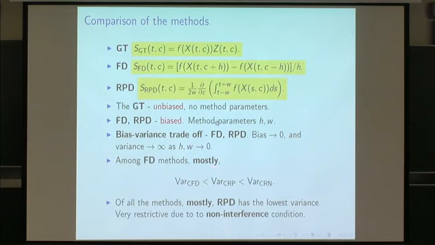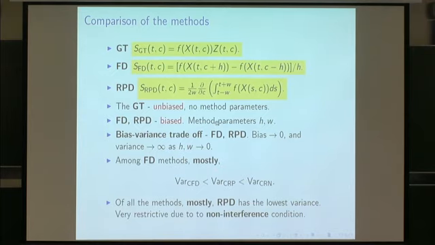Okay. And among the finite difference methods, there is a difference. The general CRN method is better than the general IRN method, independent random numbers. The common reaction path that I mentioned is better than this. Again, not always; mostly is the operative word here. And CFD, the coupled finite difference, or the split coupling that Anderson put forward, is mostly better than CRP.